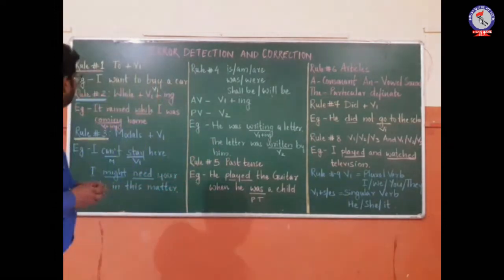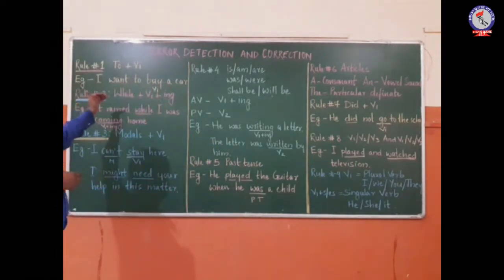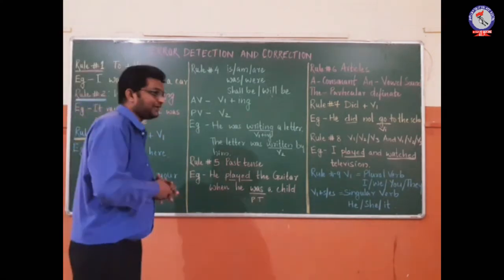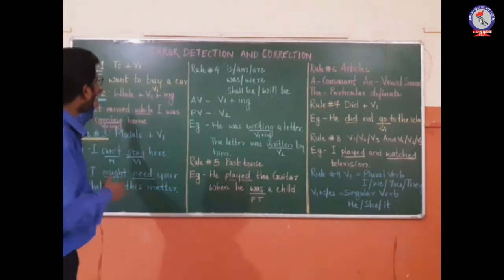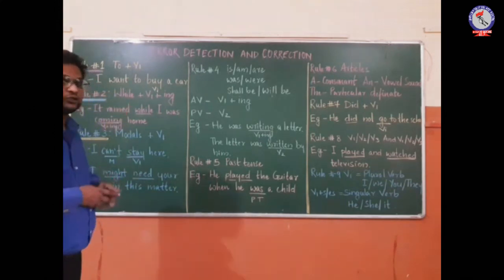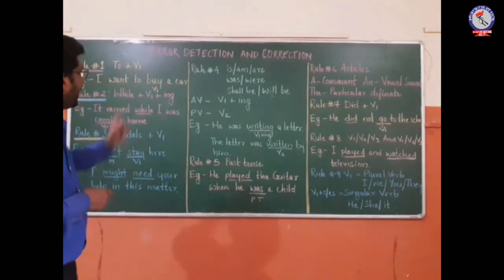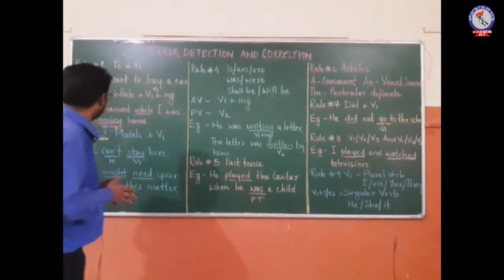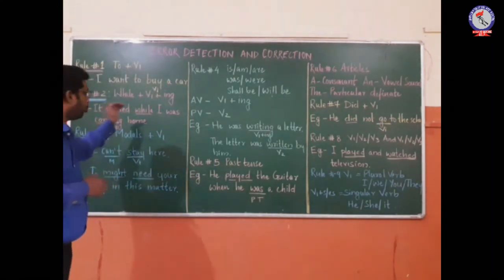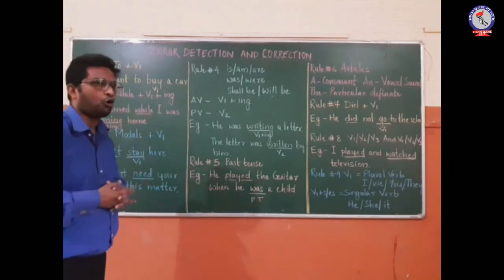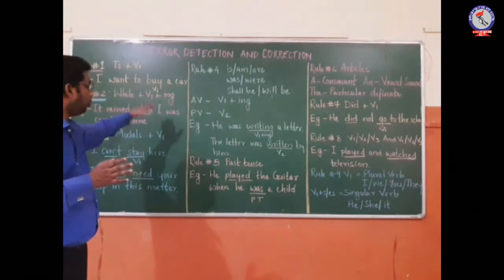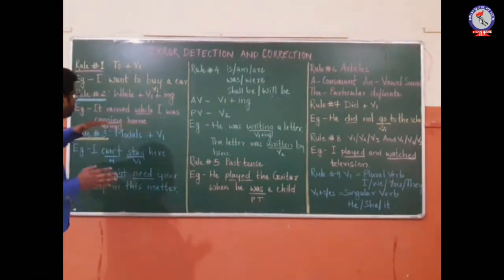Rule number 2 says that while plus verb 1 plus ing. It says that with "while" always comes the first form of verb and ing. See here one example. It rained while I was coming home.